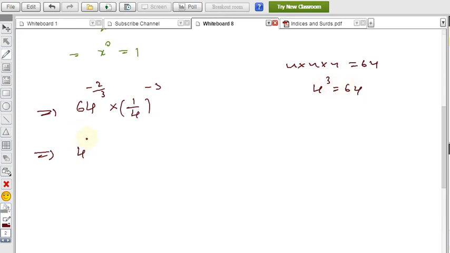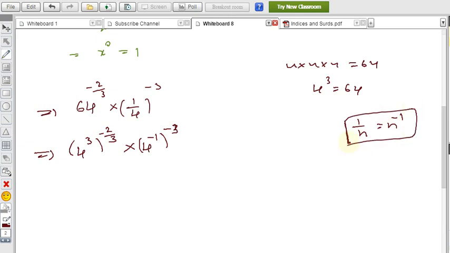So instead of 64, 4 to the power 3, whole to the power again minus 2 by 3 as it is, into 1 by 4, where 4 is in the denominator. You can write 4 to the power minus 1, whole to the power minus 3. Okay, 1 by n is equal to n to the power minus 1. Just I am applying the formula.